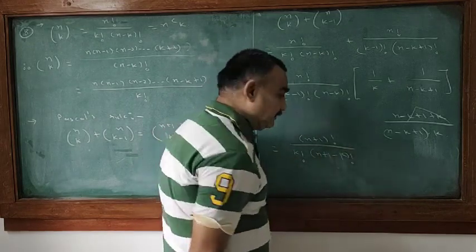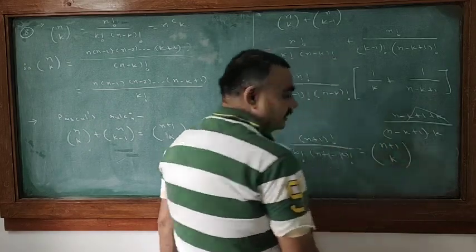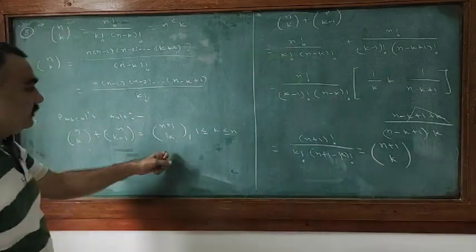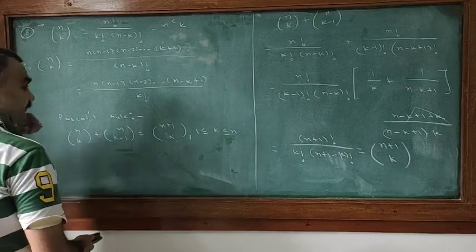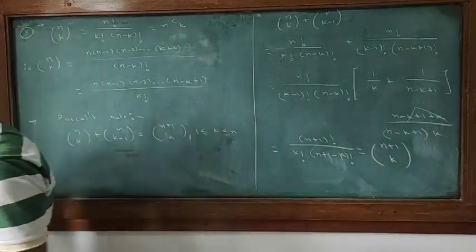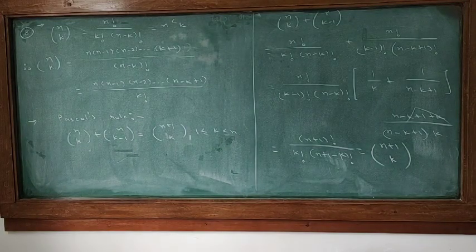Can I write this? And therefore this is n plus 1 Ck. That is the Pascal formula. Try to get it, understand it.